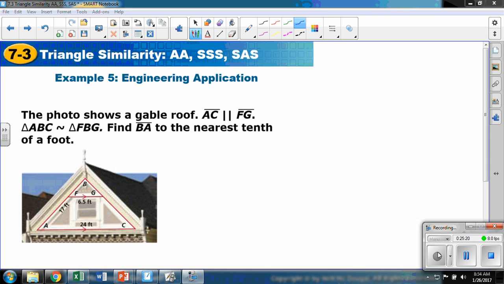Okay, a photo shows a gable-style roof. We have parallel, we have similarity, so find a length. Well, of course, we know that because they are parallel, that alone is enough to guarantee similarity.